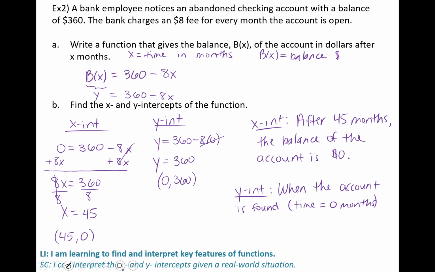So when the account is found at the beginning of the situation, that would be another way of saying it. Then I go to the y value. The balance is $360. And there we have it. All right, so we wrote the function, we found the x and y intercepts, and we interpreted them in context.